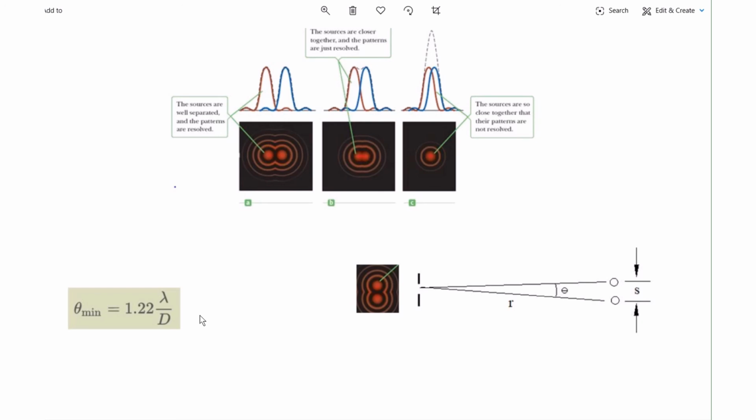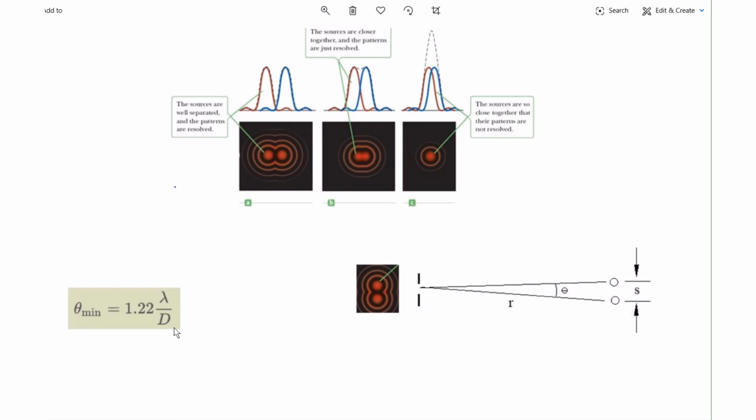So the mathematical representation of this is that if we take theta here to be the angular separation between the two stars, the minimum angular separation where you can actually resolve the two stars is given by this formula: 1.22 times the wavelength of light divided by the diameter of the aperture.